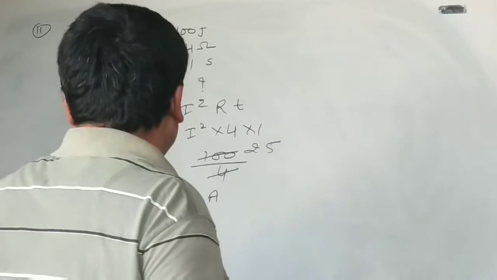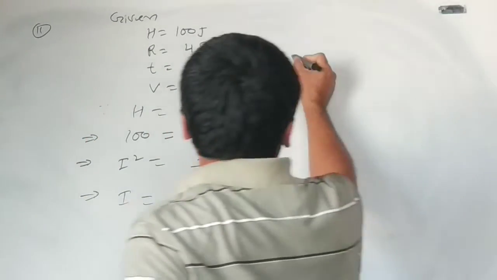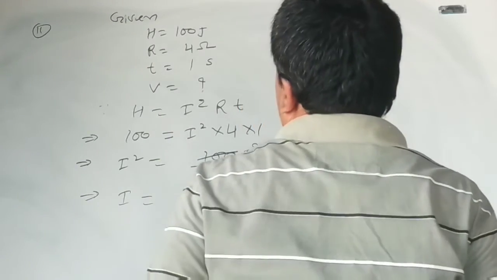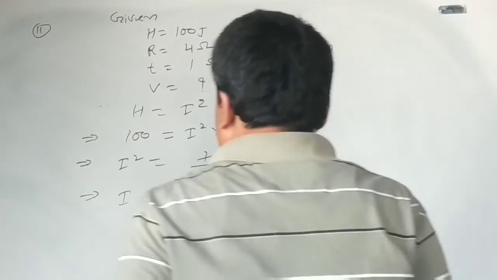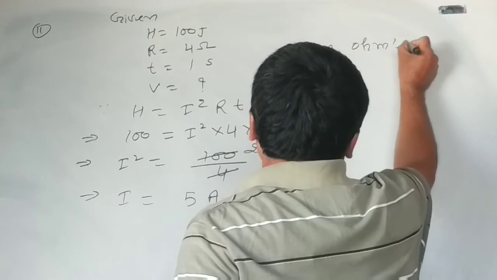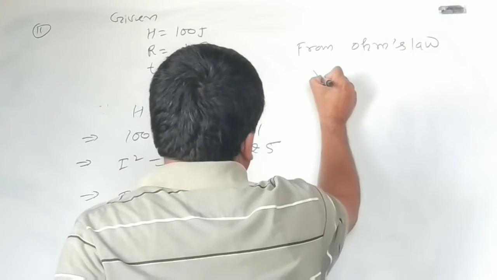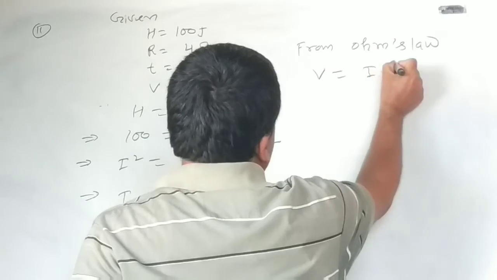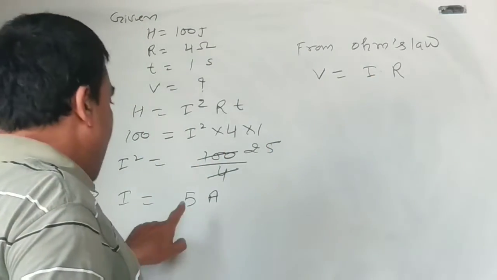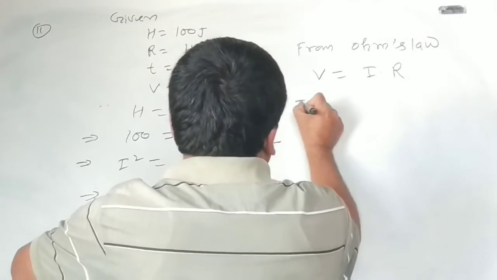Okay? From Ohm's law, we know that V is equal to I into R. We have already calculated the value of current.